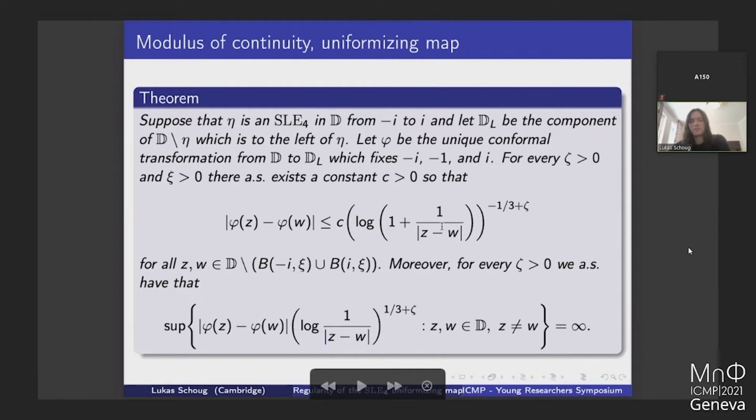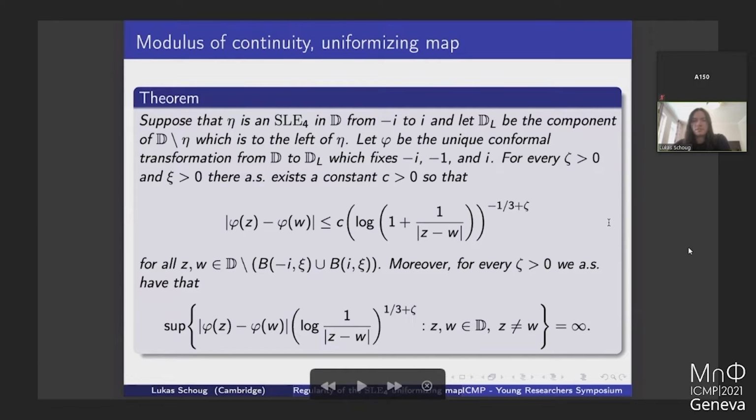So the distance between phi of z and phi of w is bounded by the constant times log of 1 over |z minus w| to this exponent. However, this is very sensitive. This is basically optimal, because if you were to pick any negative zeta instead of positive, then this would almost surely not hold for any finite constant, because this quantity here is almost surely infinite.